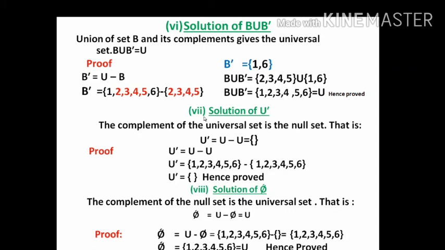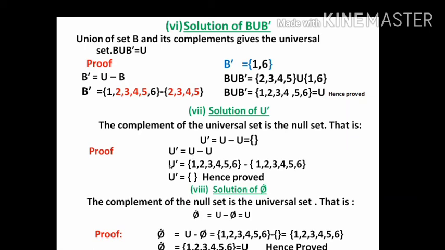Now its seventh part, that is U complement. This is also a property of the complement, that is U complement is equal to the empty set. So this property we can prove by the following solution. So U complement is equal to U minus U. In this formula, actually we are finding the U complement, that's why we will subtract the universal set from the universal set.